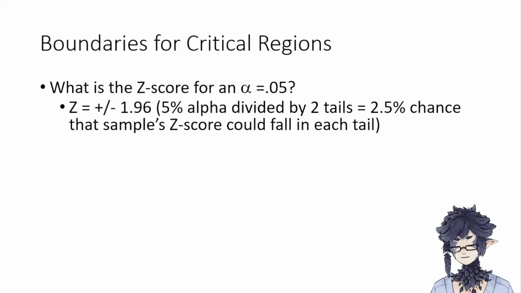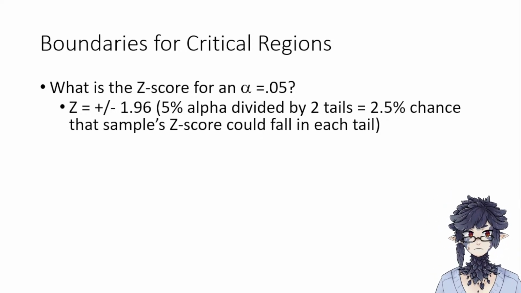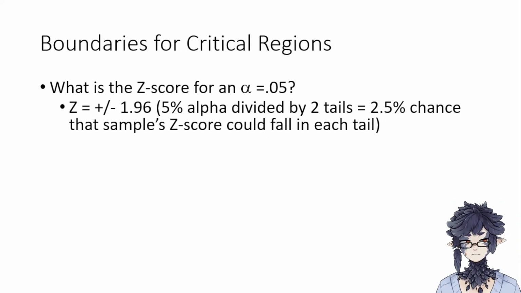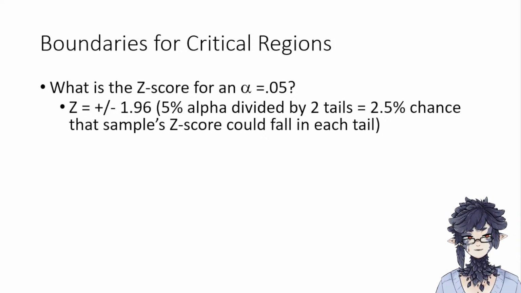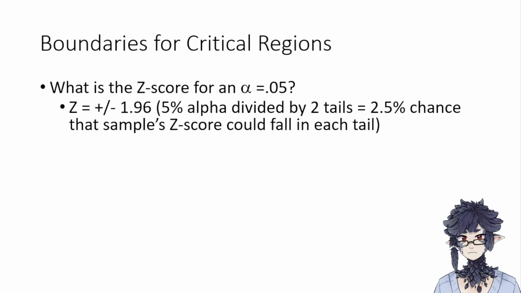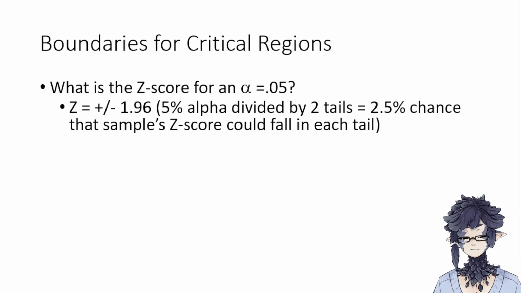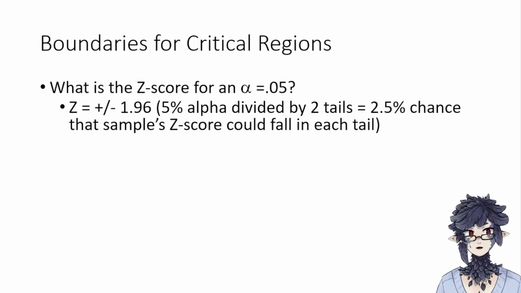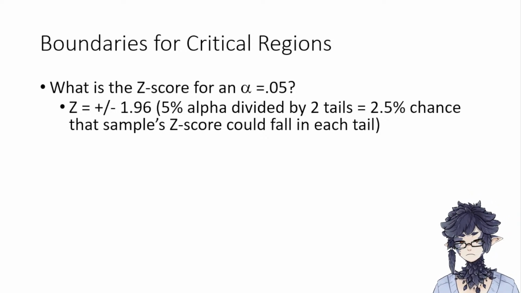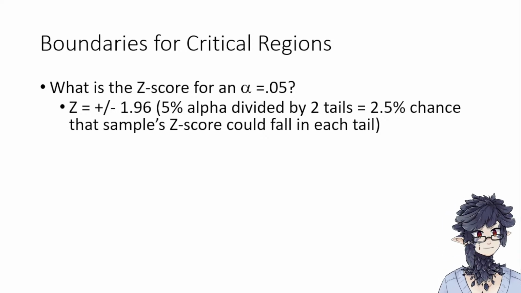So yeah, if you're working with z-scores, if your sample mean falls more than 1.96 standard deviations away from the population mean, there's less than a 5% chance that you would have selected that sample due to chance. There's less than a 5% chance that you would have gotten that sample just randomly. It's still possible, it's just really unlikely.